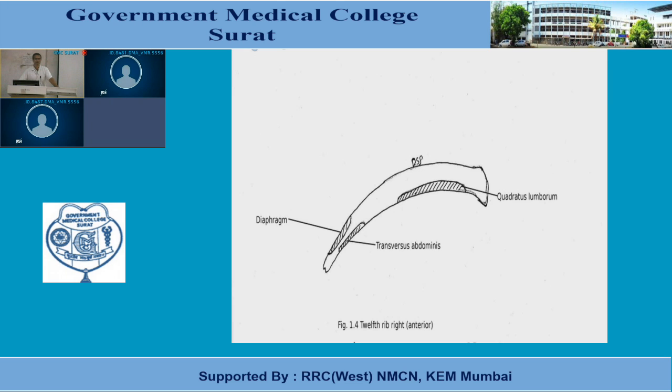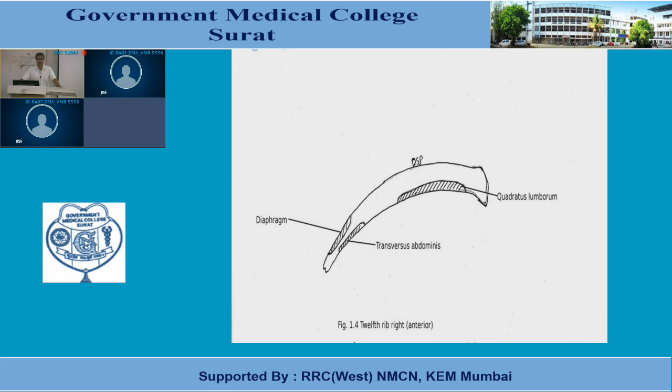Now if we compare the length of ribs, it increases from the 1st to the 7th rib. After the 7th rib, length decreases, and the 12th rib is the smallest rib. If we compare the obliquity of ribs, these ribs are not straight.